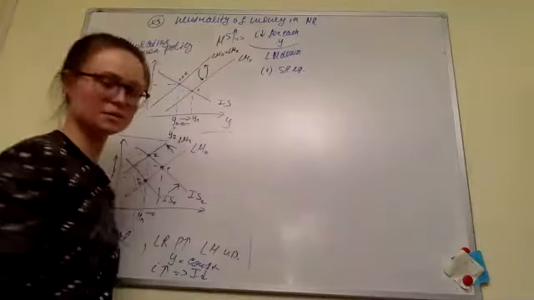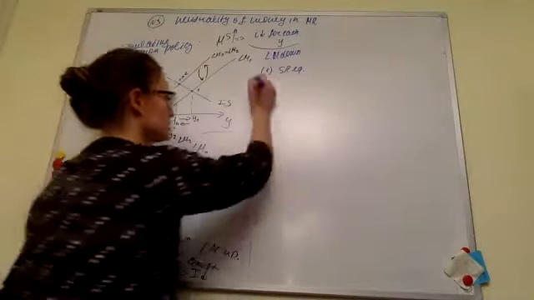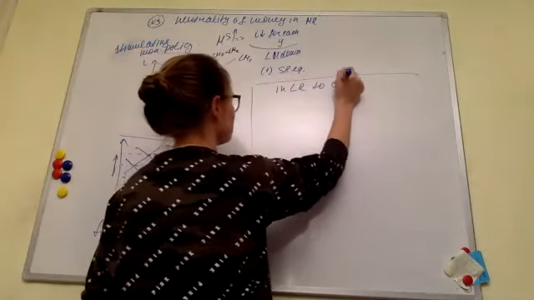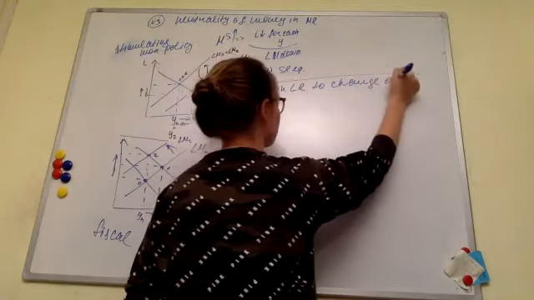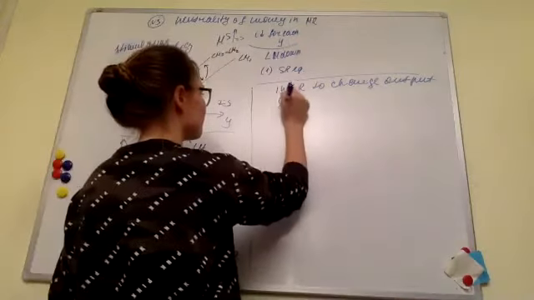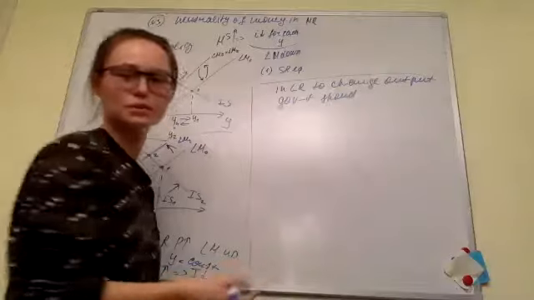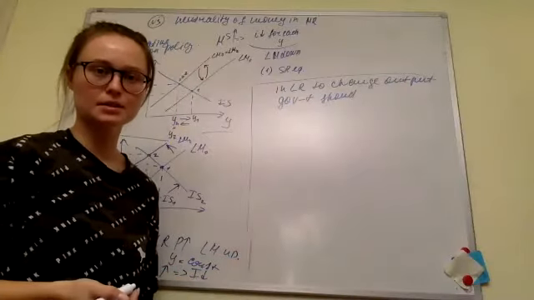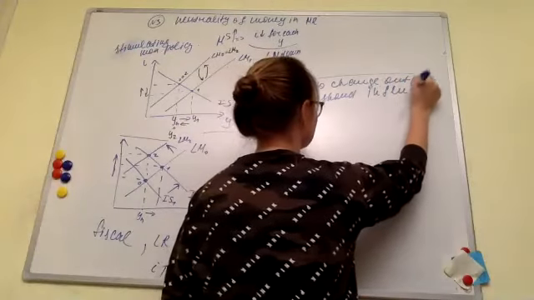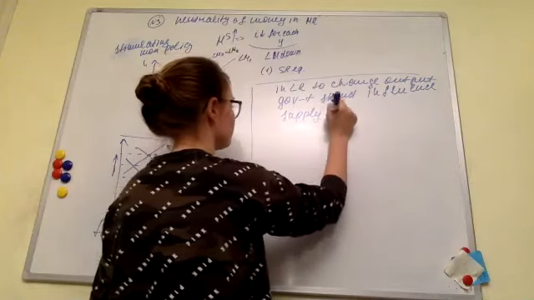I answered this in the previous task. So in the long run, to change output, government should, I don't know how to say, influence the supply side. Supply side, yes, exactly. Government should influence the supply side of the economy.